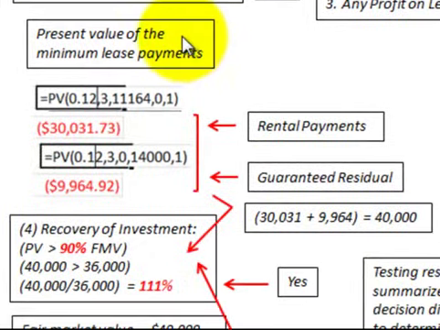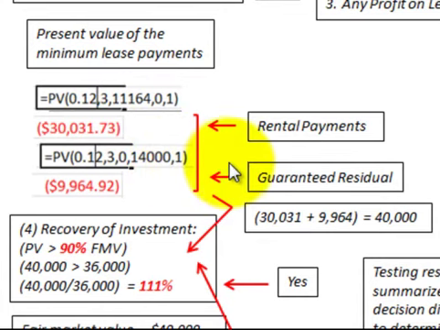So the next thing we have to determine is the present value of these minimum lease payments. Looking at our rental payment first, we have a 12% interest rate, a 3-year lease, and the rental payment is $11,164. So discounting that rental payment of $11,164 for 3 years at 12% gives us a present value of those rental payments of $30,031.